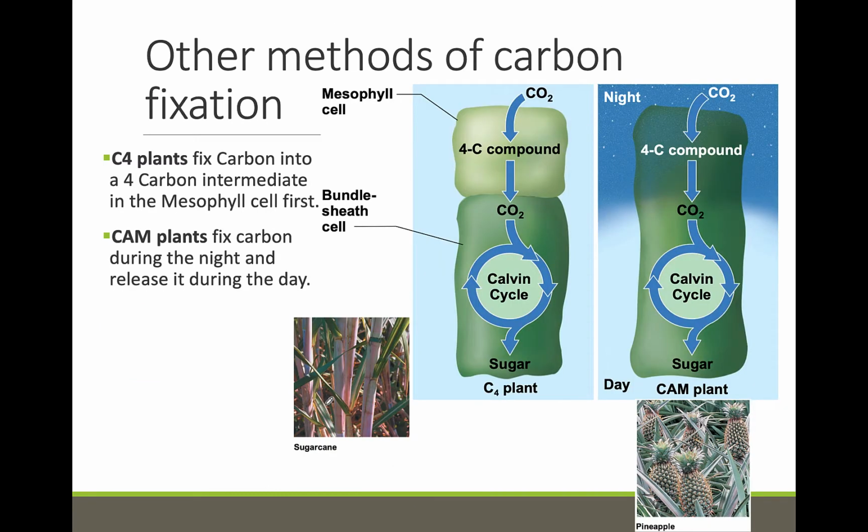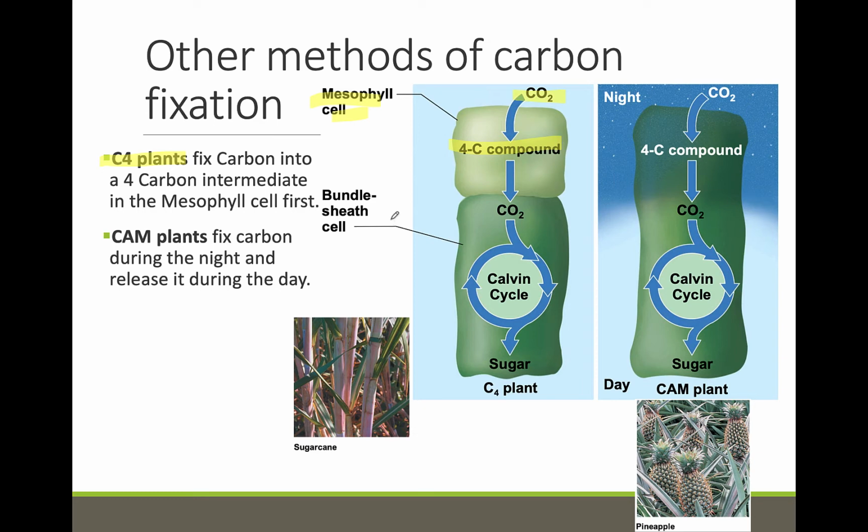Some plants have evolved 2 different ways of dealing with really hot environments. C4 plants have created a way to make the Calvin cycle happen in 2 different locations inside the leaf. Carbon dioxide is brought into the mesophyll cells, just like C3 plants. But it is initially fixed into a 4-carbon compound instead of a 3-carbon compound, using a different enzyme.